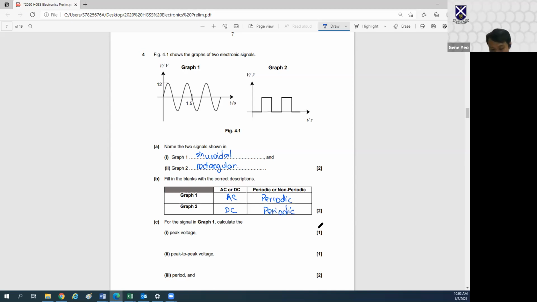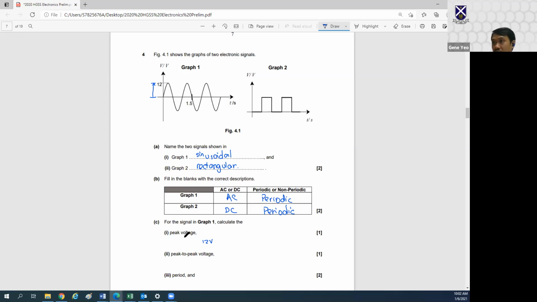All right, so now we are just going to concentrate on graph 1. Peak voltage. The peak voltage is from the rest position all the way to the max. What is the voltage? You should get 12 volts.